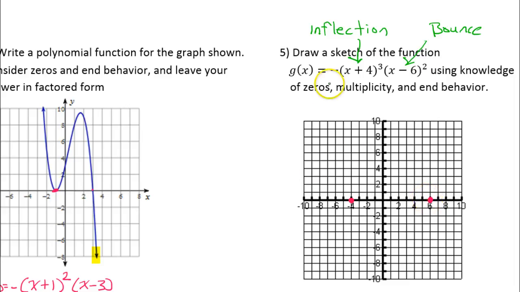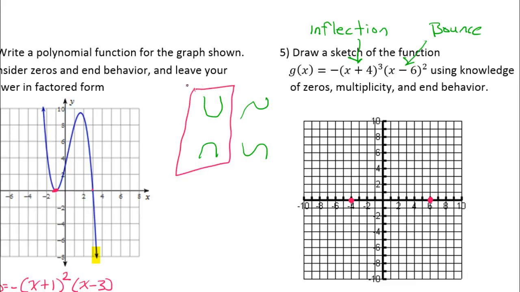Keep that in mind. But before we can draw the graph, we have to know which one of these types of end behavior we're going to have. Is it going to be like this, or like this, or like this, or like this? Now, I know that these are the end behaviors that you have when you're talking about even degree functions, and these are the end behaviors for odd degree functions.